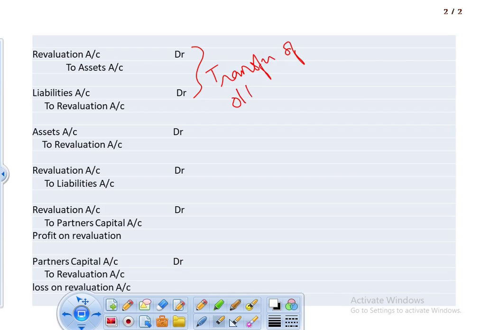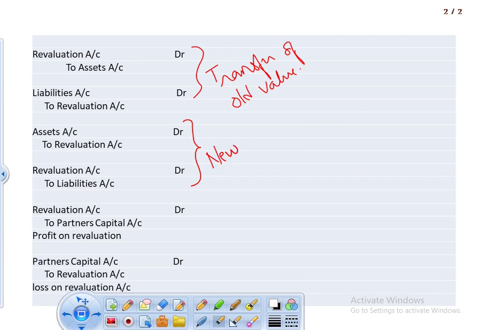Now, once we transfer this, we need to find out what the new value of the asset is, okay? So once we find out the new value of assets and liabilities, then it needs to be transferred back to the assets and liabilities accounts from the revaluation account. So here we can say this is the new value.